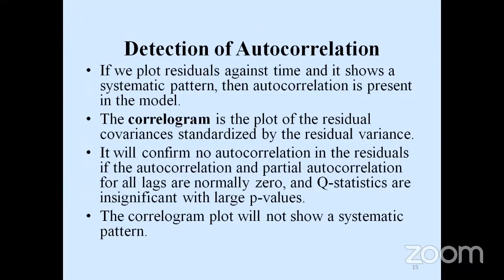It will confirm no autocorrelation in the residuals if the autocorrelation and partial autocorrelation for all the lags are nearly 0, and the Q statistics are insignificant with large p values. If you plot the residuals against time, it will not show a systematic pattern.